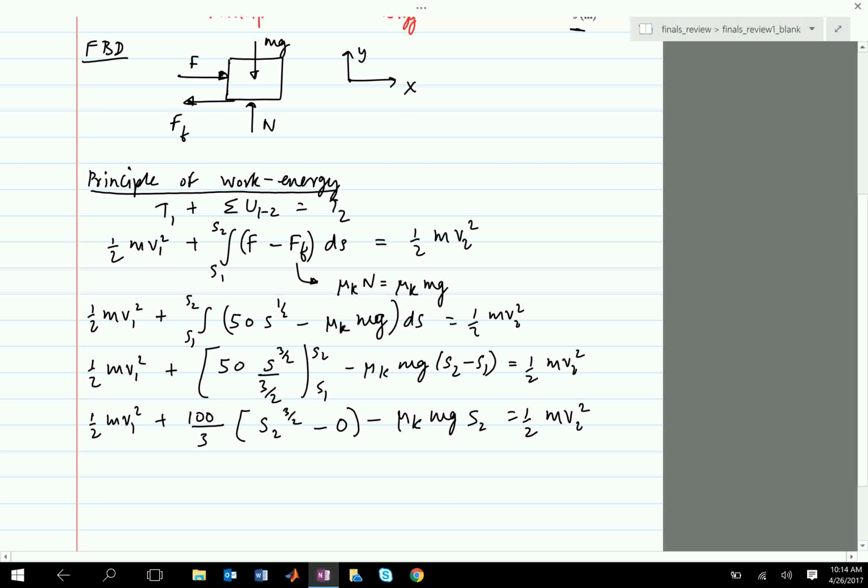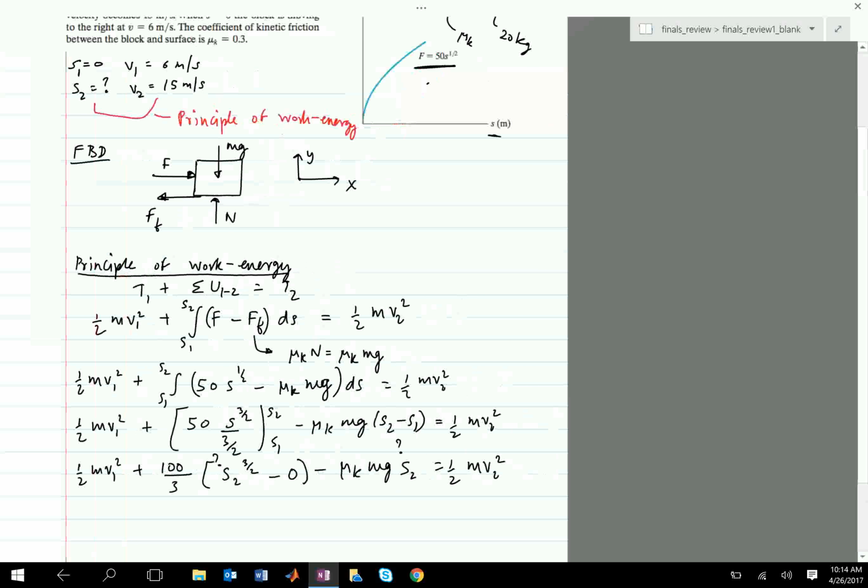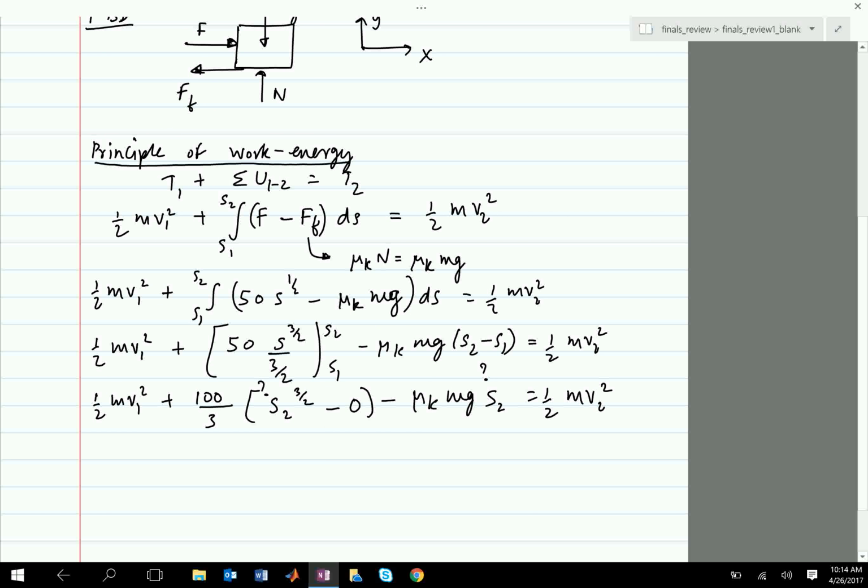Okay, so everything over there is known except for s2. Yeah, s2 is unknown, v2 is known.